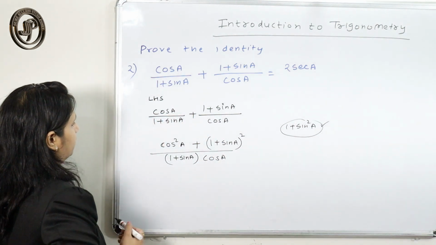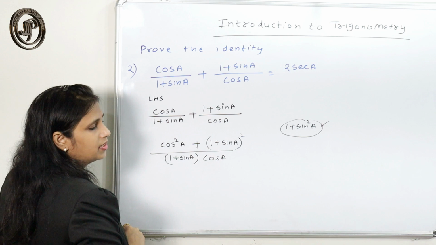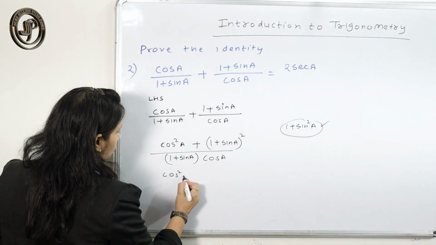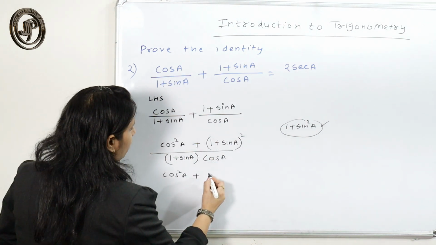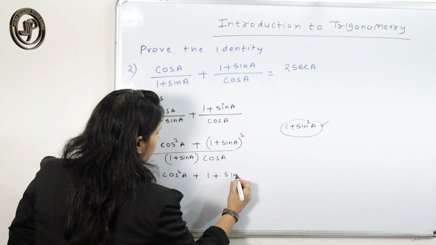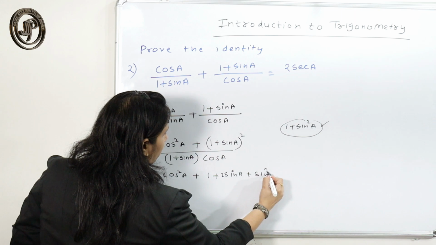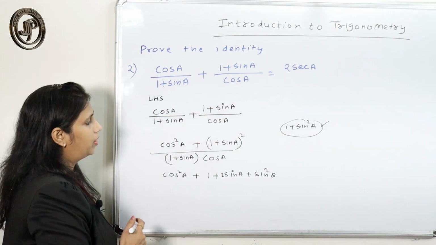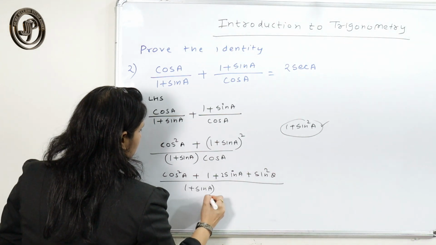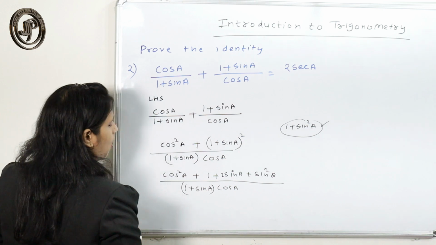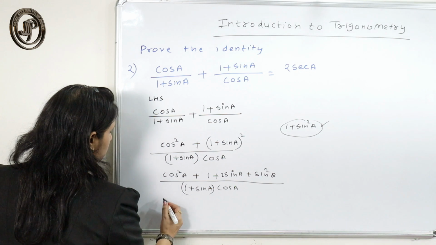Right. So when we multiply this, we will get 1 plus sine square A, and the denominator can be written as cos square A plus (1 plus 2 sine A plus sine square A)? Here, if I open the square, I get 1 plus 2 sine A plus sine square A, using the identity (a plus b) whole square, over (1 plus sine A) cos A. Now if I rearrange, I can take this and this together.